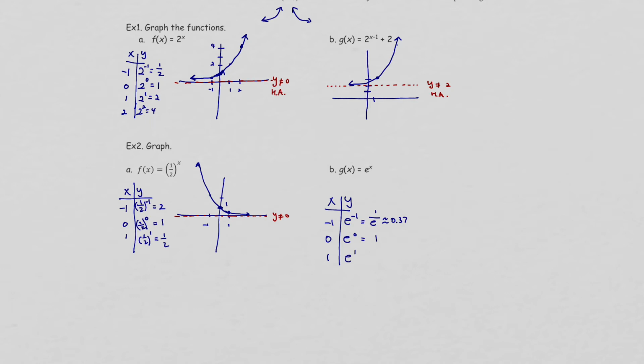Any number to the first exponent is that number itself. And Euler's number is 2.72, right? So it will look like passing through y-intercept 1. When x was negative 1, somewhere right there. Positive 1 will be 2 point something, close to 3.